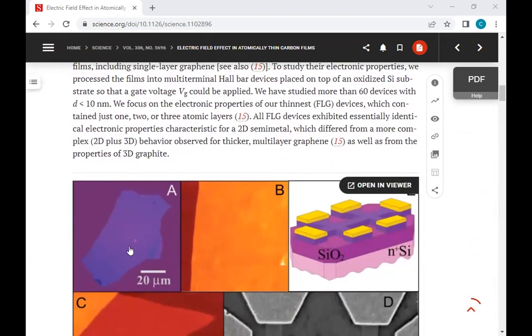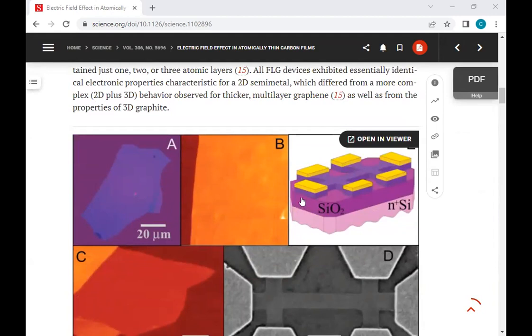So here we see a graphene flake on the microscope. Then they use lithography. They have a silicon wafer that is highly doped. The silicon wafer has 200 or so nanometers of silicon oxide.